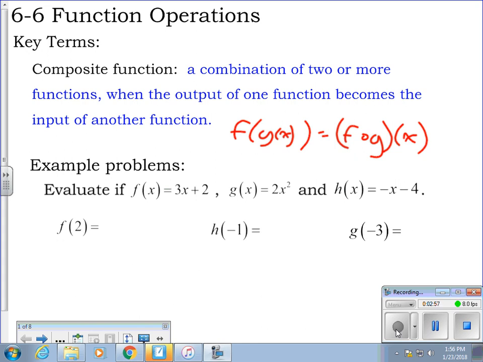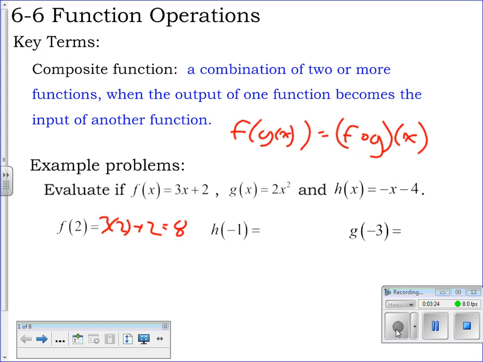So if I want to find f of 2, I take the x that's here and replace it with 2. 3 times 2 plus 2. That's one of the nice things about function notation. If I want to evaluate a different number, I just plug it in. 3 times 2 is 6, plus 2 gives me 8. F of 2 is 8. If f of x is 3x plus 2, f of 2 is 8.